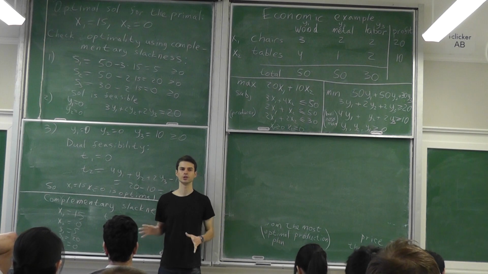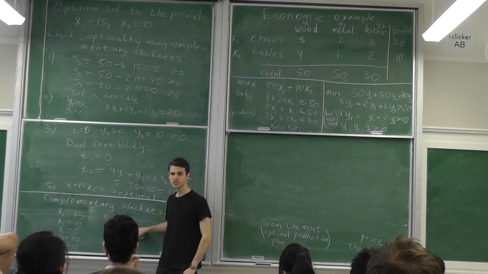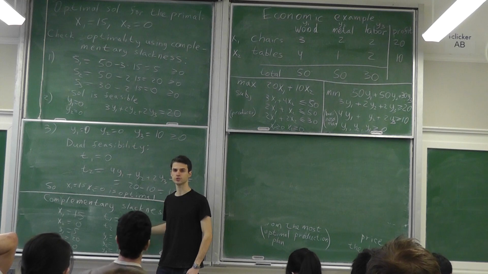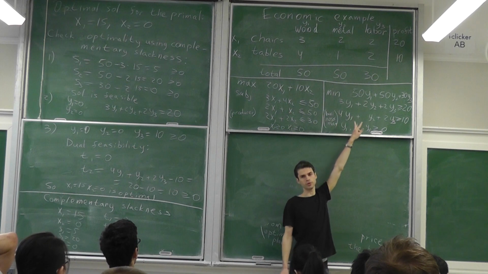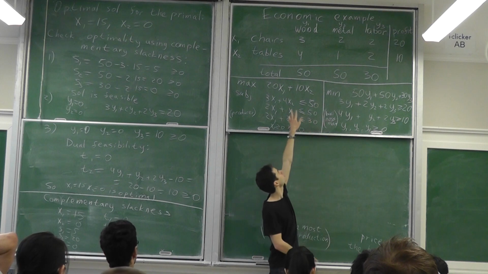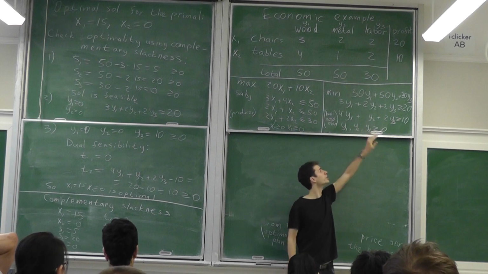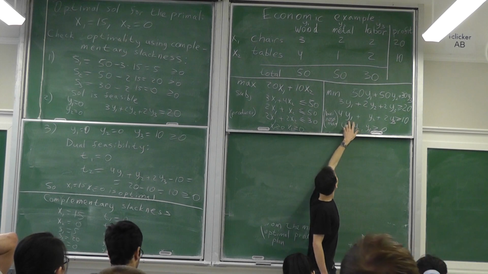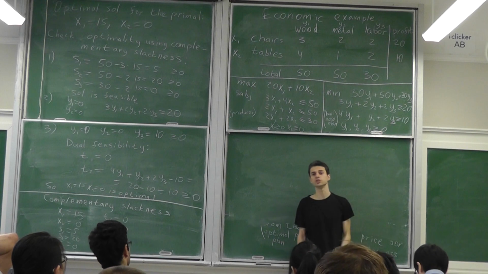Here we have a different kind of complementary slackness. Here, the businessman is actually overpaying for the resources for the tables. If he buys the resources required to construct a table, 4 units of wood, 1 unit of metal, 2 units of labor, he pays, well, 2 times 3, so he pays $20.